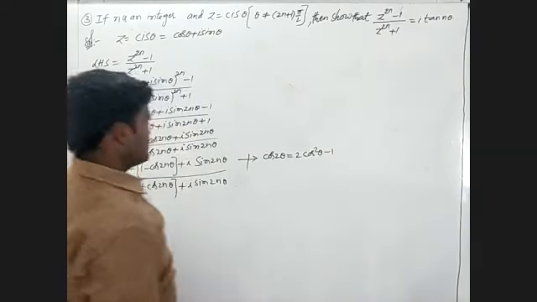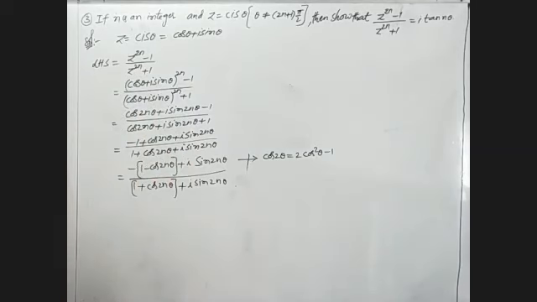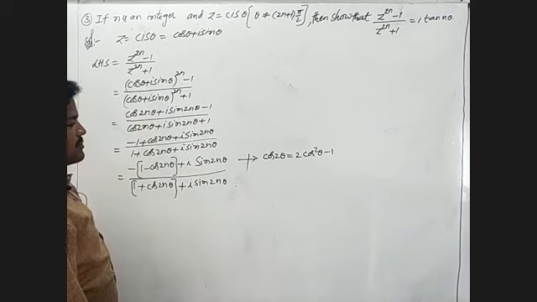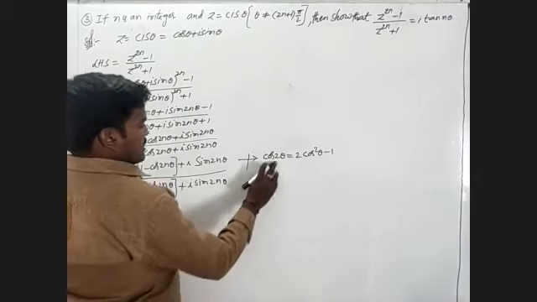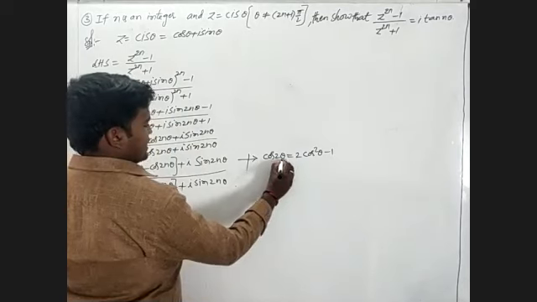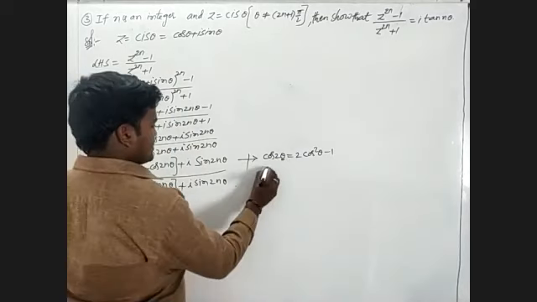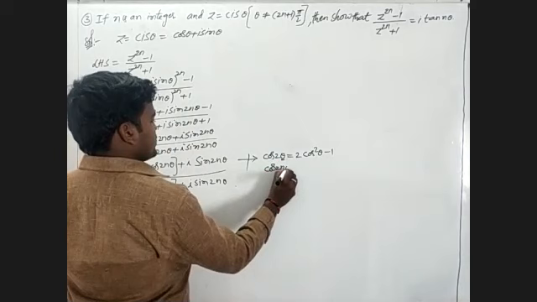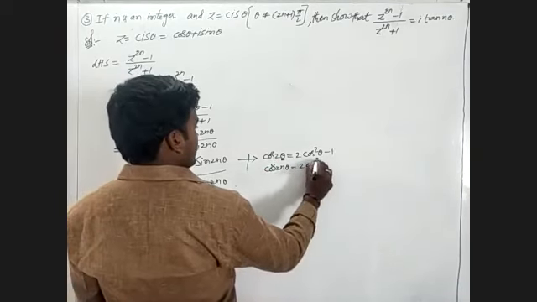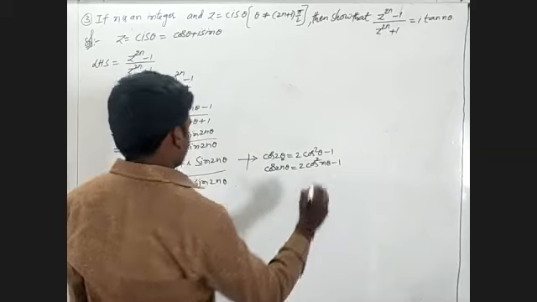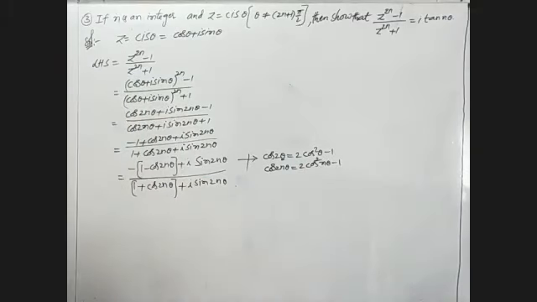Taking theta as n theta, cos 2n theta is 2 cos square n theta minus 1.